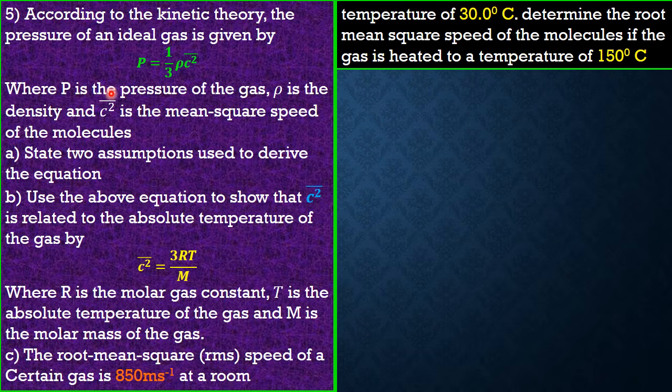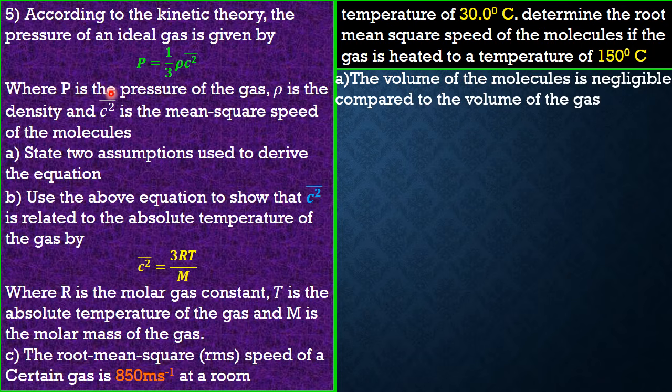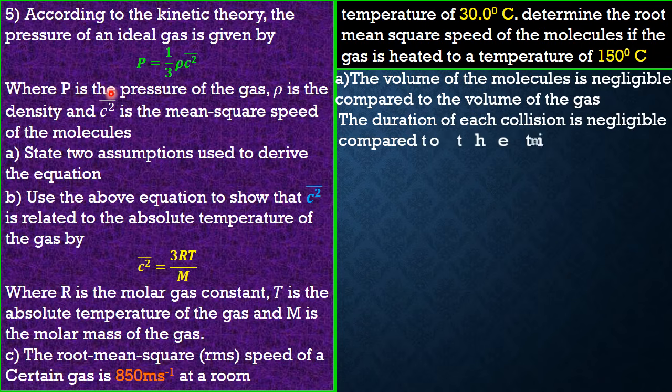Okay, let's start with the first part. There are up to 4 assumptions of the kinetic theory, but this question is asking for just 2. The first one is that the volume of the molecules is negligible compared to the volume of the gas. The second one is that the duration of each collision is negligible compared to the time lapse between collisions.